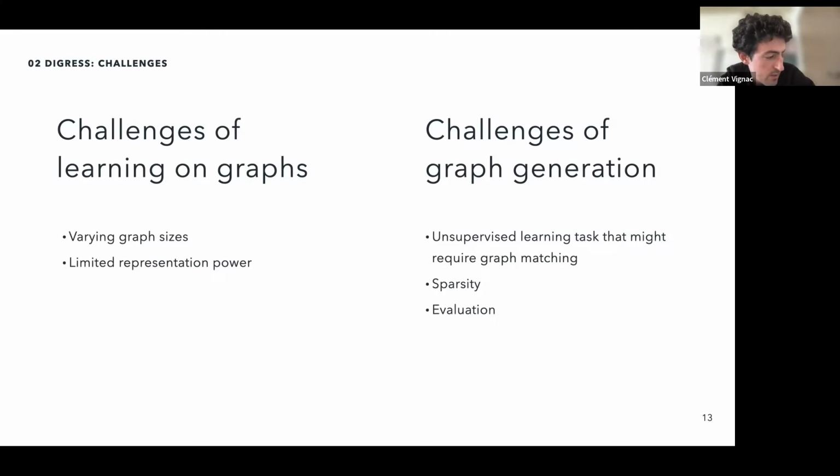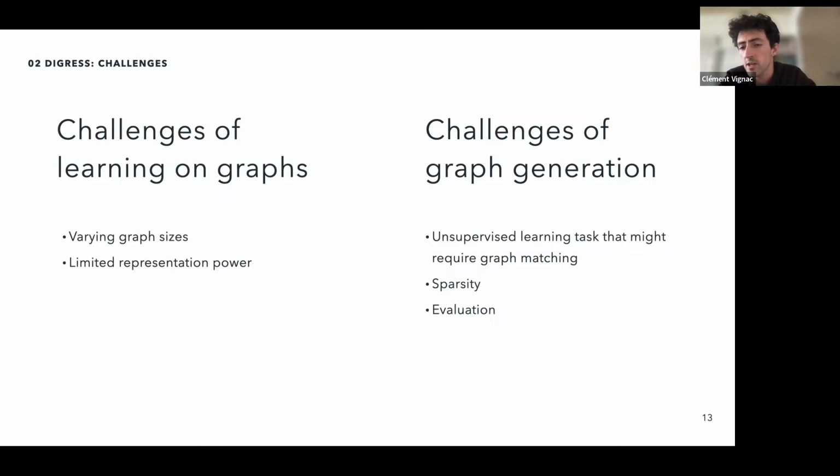So graph generation is quite challenging, and I would say until about 2 years ago, we really struggled at it for two reasons. First, we inherit all the challenges of learning on graphs. Graphs have varying sizes, which you need to take into account, but we know how to do it now. But also the standard graph networks have limited representation power. And in addition to the challenges of learning on graphs, you have the challenges of generation.